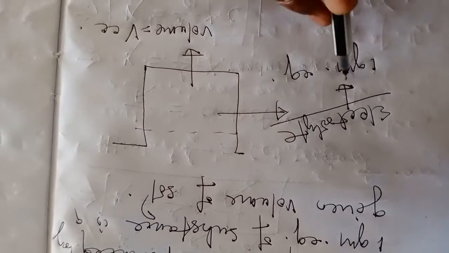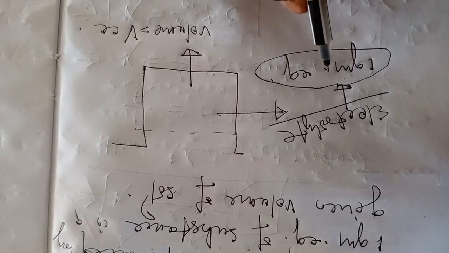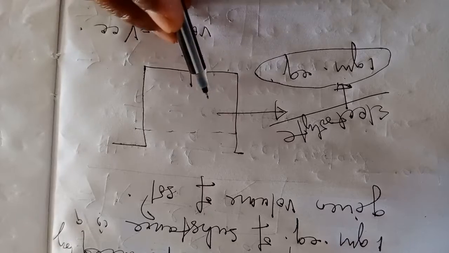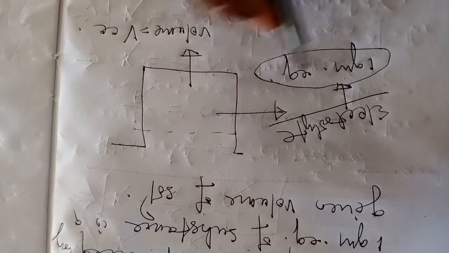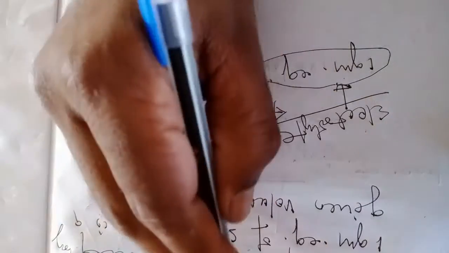Then this 1 gram equivalent of substance will produce the ions. The conducting power of all the ions produced by this 1 gram equivalent of substance is called the equivalent conductance.